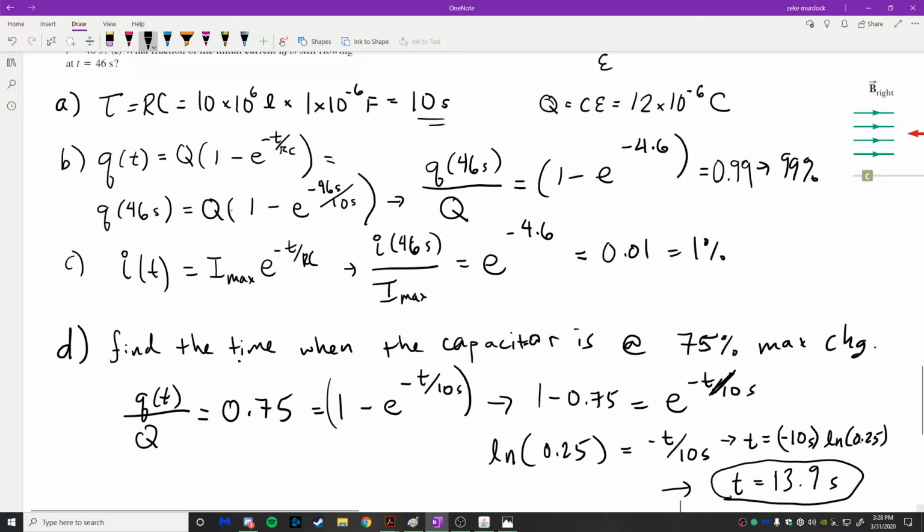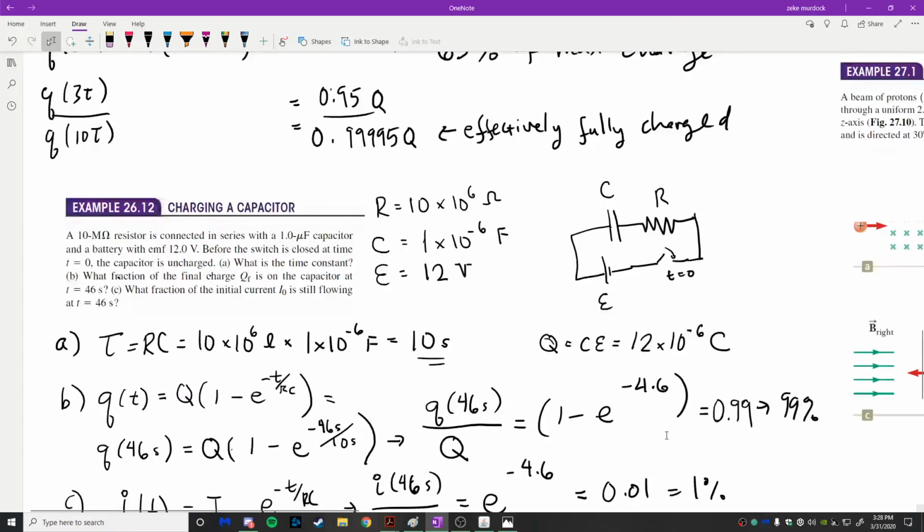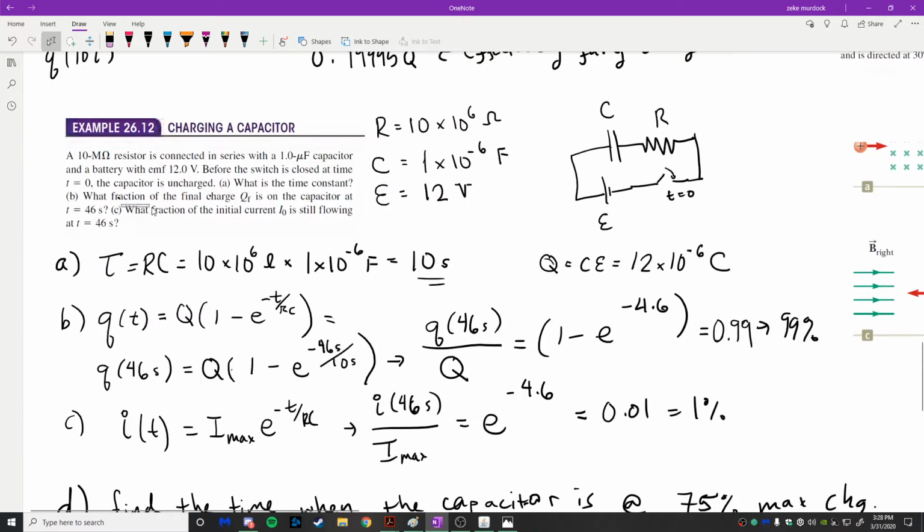I'll go back up and show you. So part C was, what fraction of the initial current I naught is still flowing at t equal to 46 seconds? So we were calculating, at 46 seconds, what the value of the current is. We just wanted to find the ratio of that to the total current.